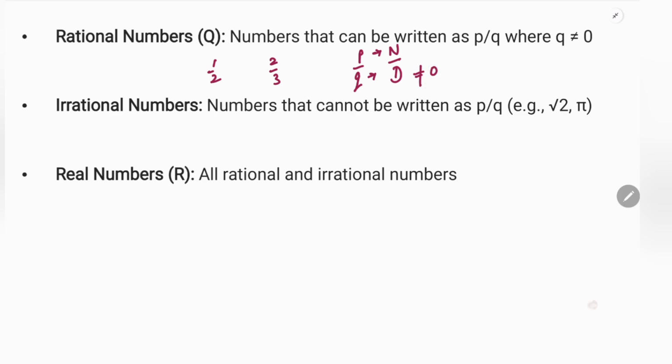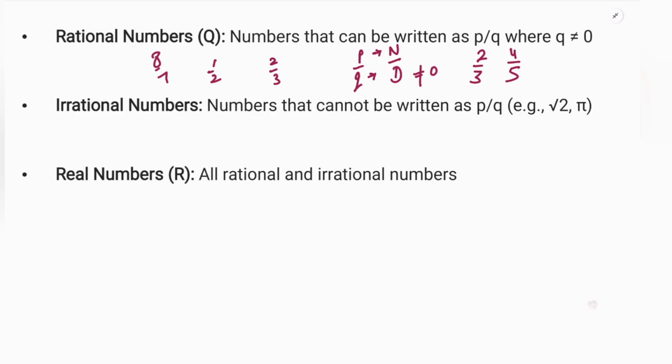So if I say 2 by 0, this is not a rational number because this number does not exist. It is not defined. Usually we say it is infinite, but it is an undefined number. Something by 0 is not defined. So we have 2 by 3, 4 by 5, 7 by 8 or 8 by 7.